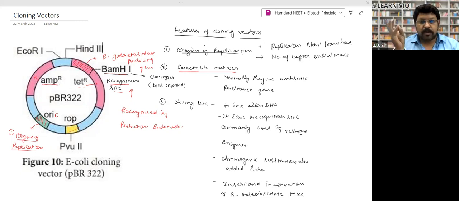NCERT, don't run here and there. Whatever I am teaching you and previous year questions are sufficient for you. And if you can take more pain, go for the fingertip, but that should be the fourth option, not the third option. You have to take care.